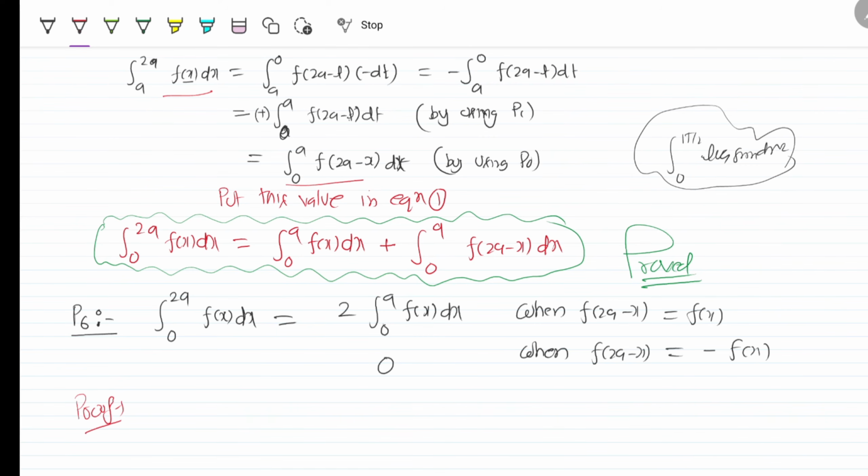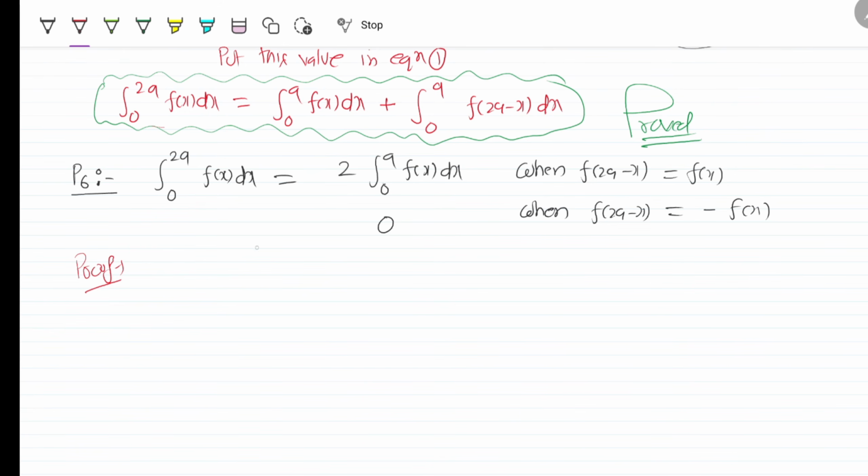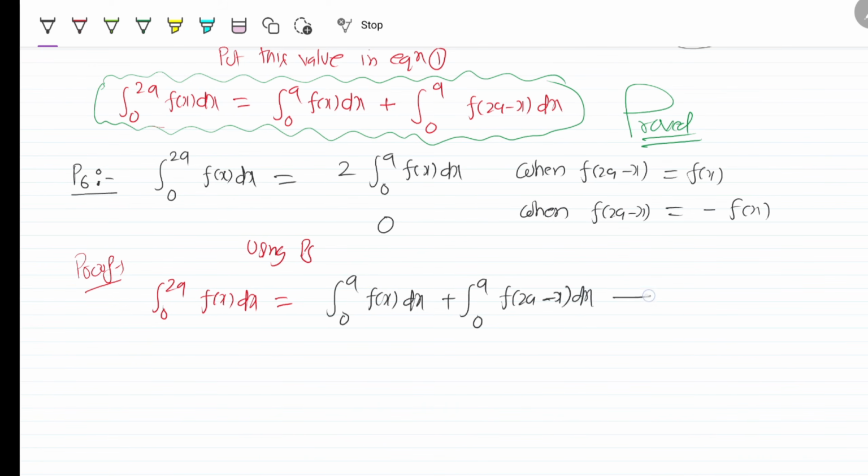To prove this, we will take the help of the p5 property. According to p5, the integral 0 to 2a f(x) dx equals integral 0 to a f(x) dx plus integral 0 to a f of 2a minus x dx. Now take the case when f of 2a minus x is f(x).